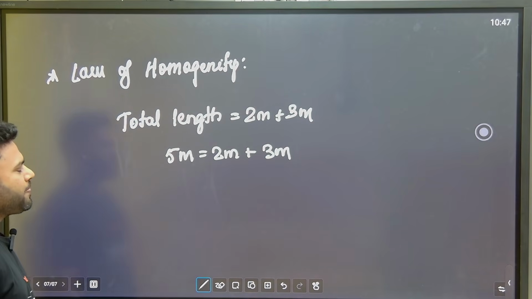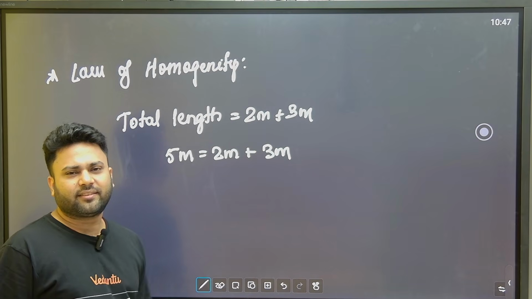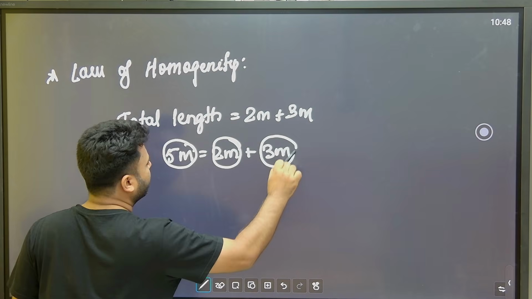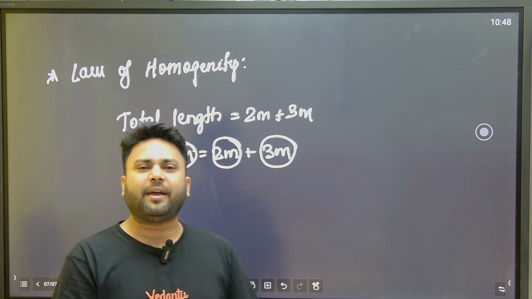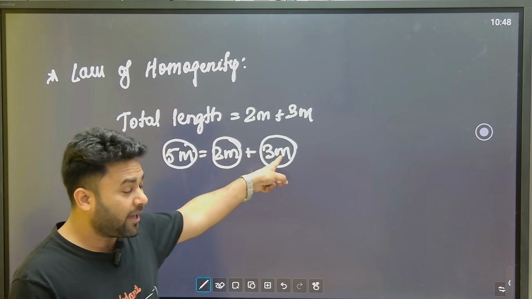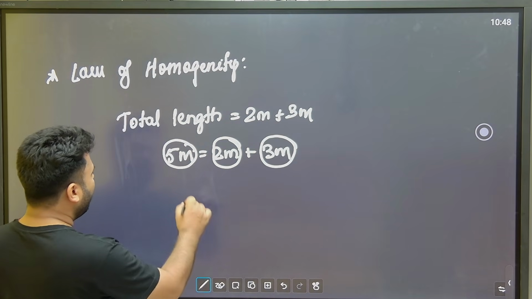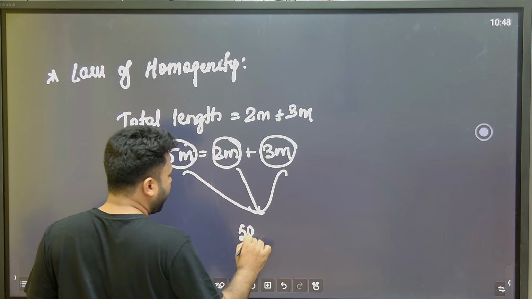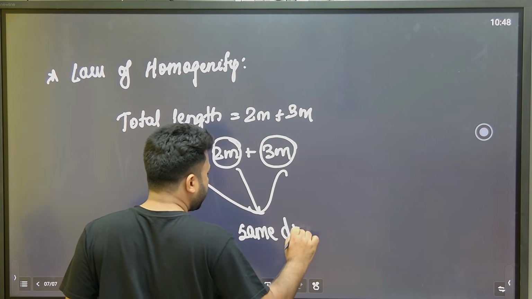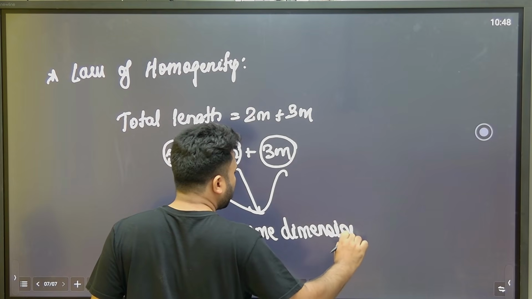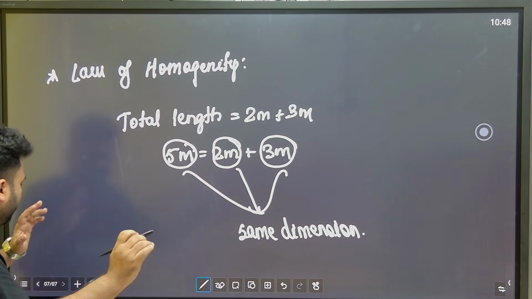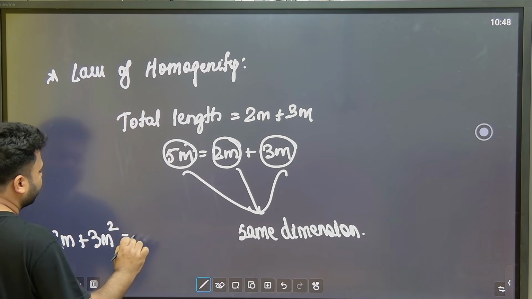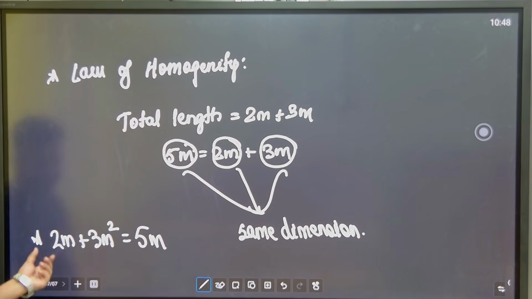So what we can see, while we are writing this term and this term, all are having the same dimension. See, dimension of length, dimension of length, dimension of length. So all three terms have the same dimension. Correct? It means you can never write 2 meter plus 3 meter square equals 5 meter. This is wrong. This is length, this is area.